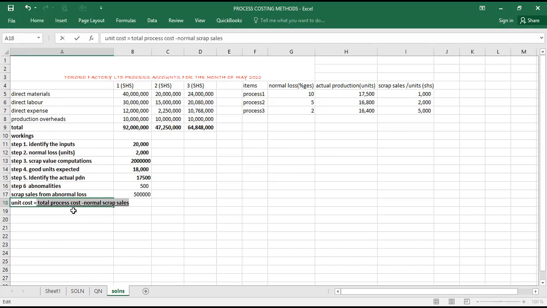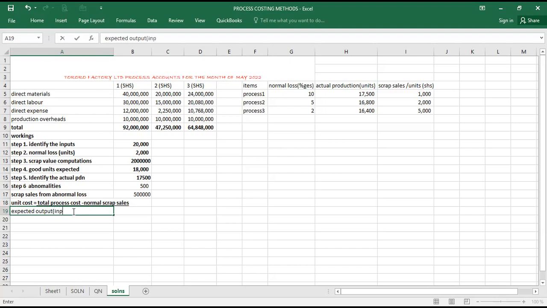Those are not part of our computations. So here we are dividing over the good units expected, or expected output. Expected output, whether it is high or low compared to the production, is what we take.